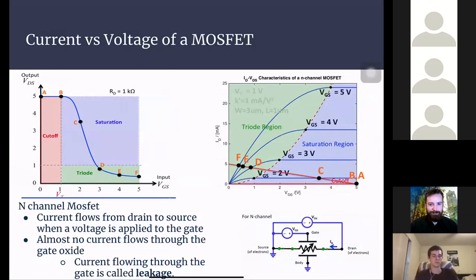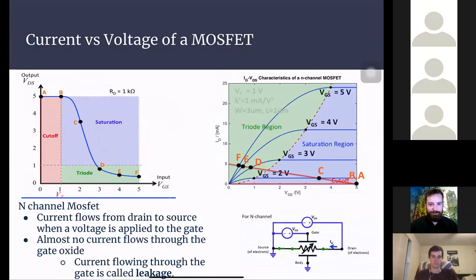It's the region favored by engineers because that's the region we can control and use for effective working. In the triode region, if you change the voltage from source, drain, and gate, you get different kinds of voltage and current relations. We don't use it much because it's not linear. The important region is the saturation region.